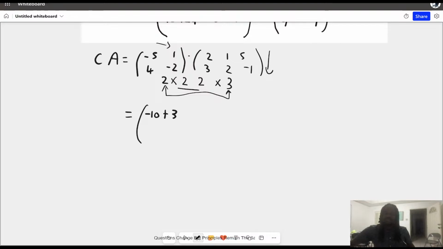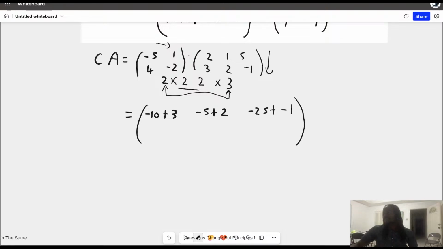So negative 5 times 1, negative 5, plus 1 times 2, 2. Then I need to move to the next column, still using the same row. So negative 5 times 5, negative 25, plus 1 times negative 1, negative 1. Are there any other columns to use? No, so I am going to close my bracket.